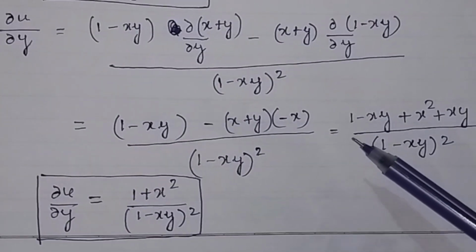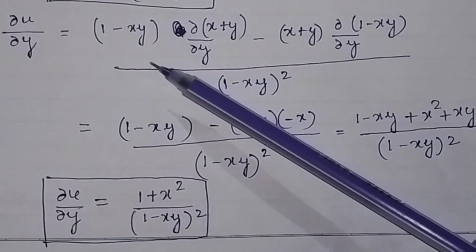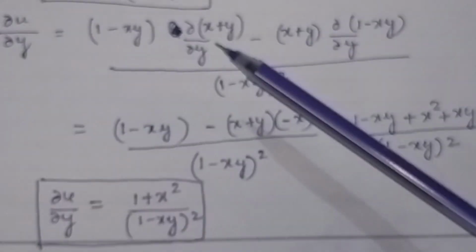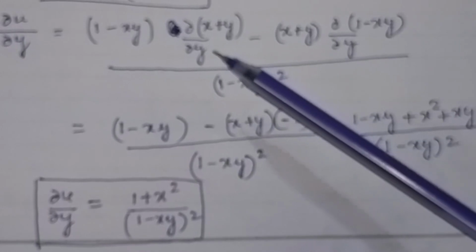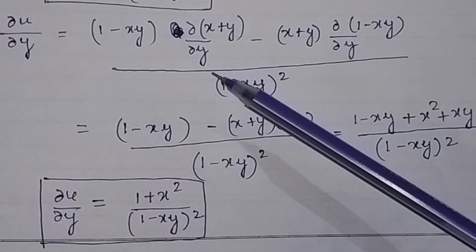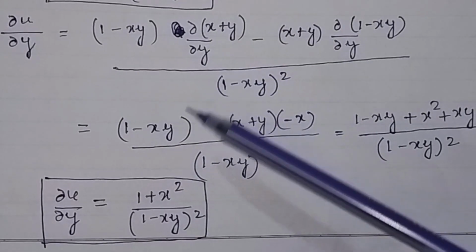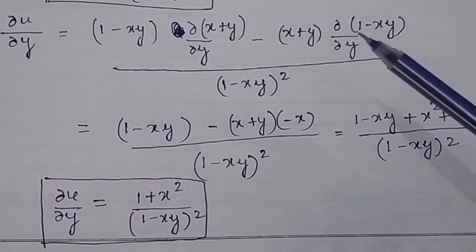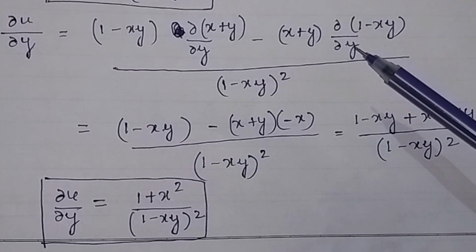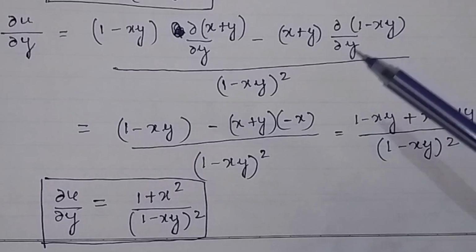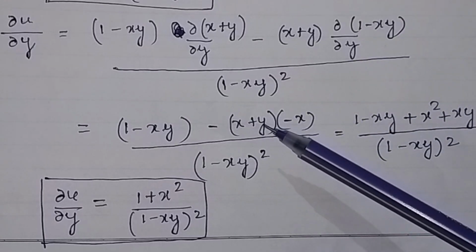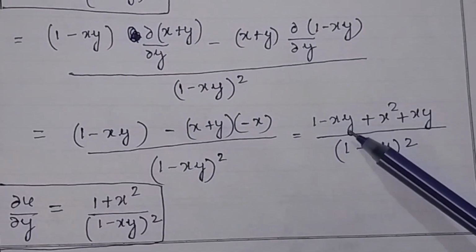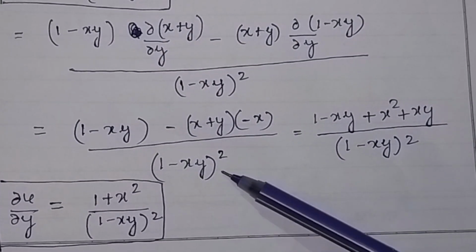If you solve it, that will be equal to (1 minus xy) into 1, minus (x plus y) into the partial derivative of (1 minus xy) with respect to y, that is equal to minus x. In the denominator you have (1 minus xy) whole square.